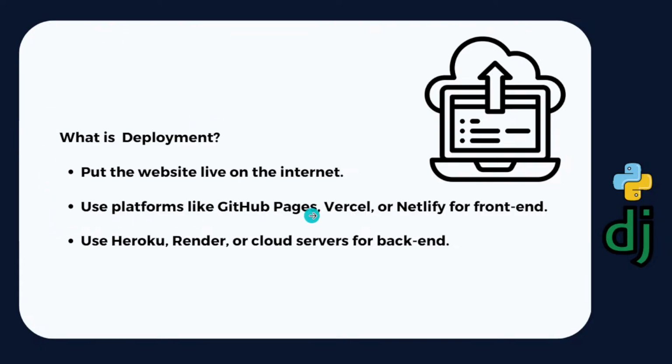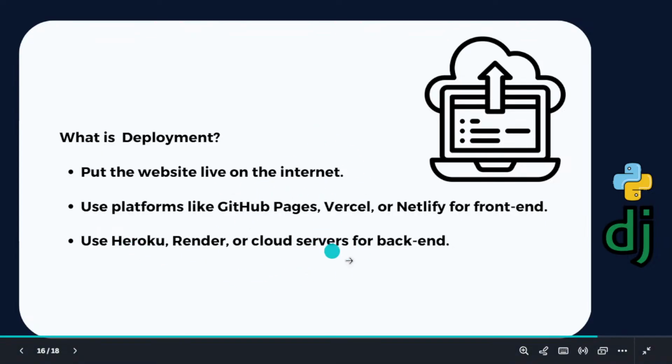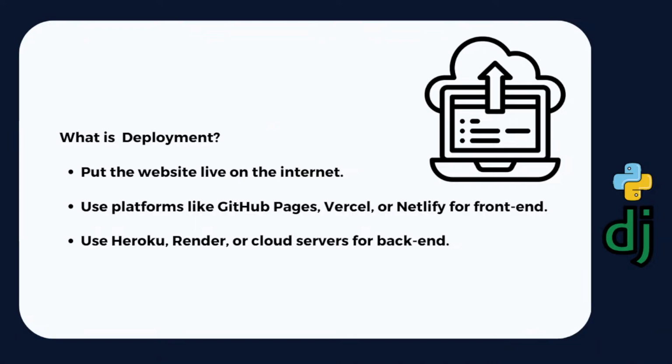use platforms like GitHub Pages and Heroku, Hinder, otherwise a cloud server. Everyone knows AWS and Google Azure. These are cloud servers. We need to put these things on that cloud server, okay, only then is our website live. Everyone can access our website. That is called deployment. What is deployment? We need to put the website on the internet.